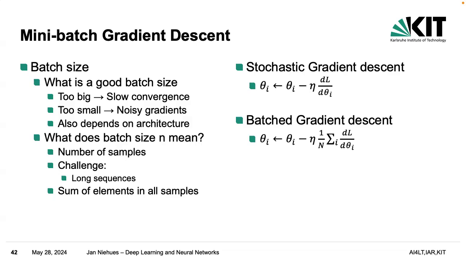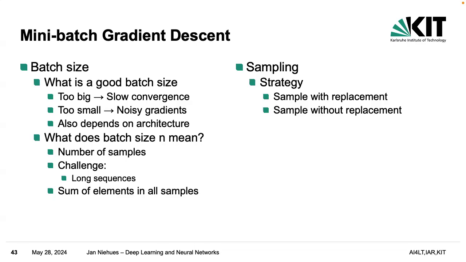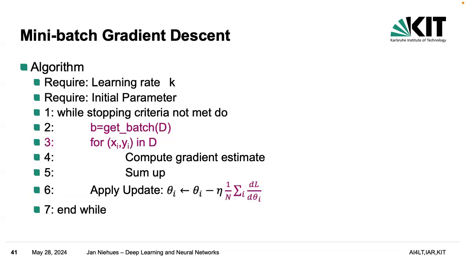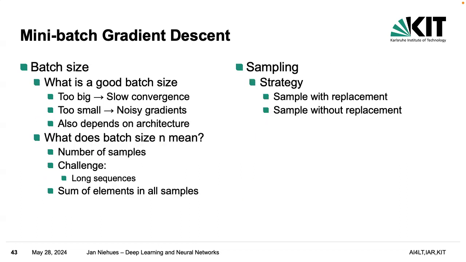There is an additional challenge: now we said we have to sample here, and there are again different hyperparameter choices which you can make. The one thing is whether you sample with replacement or without replacement.